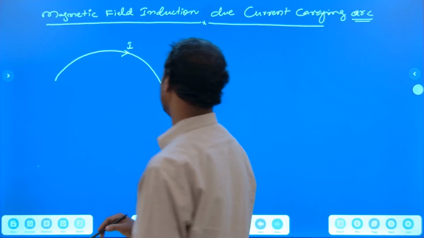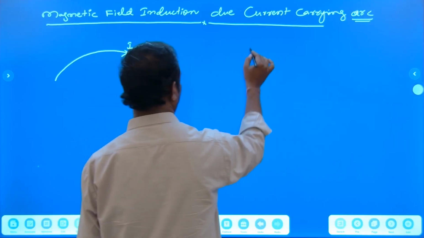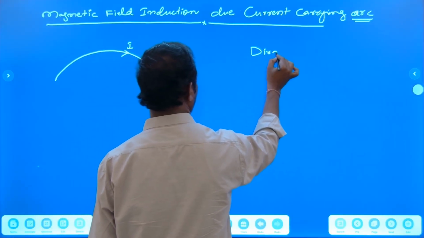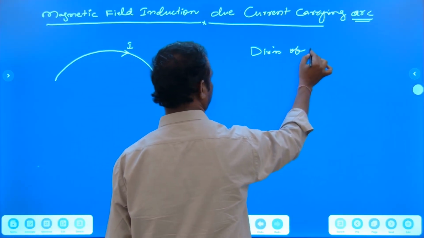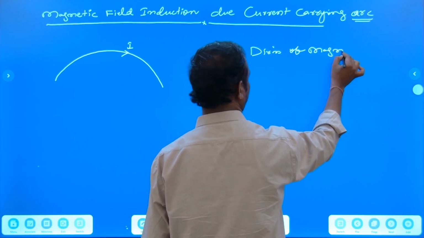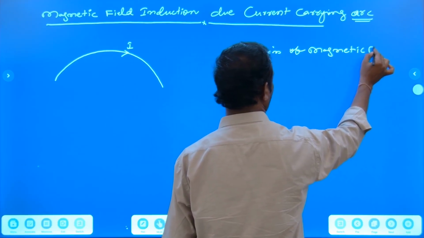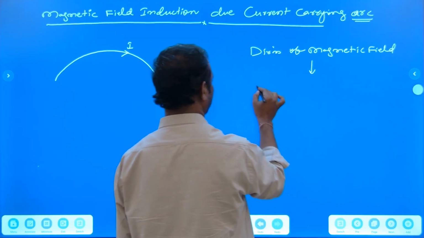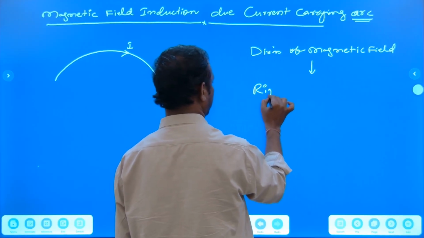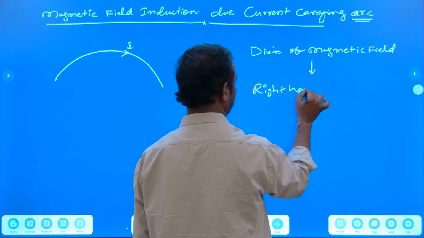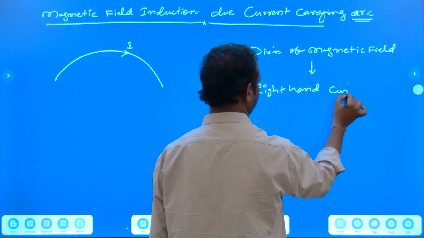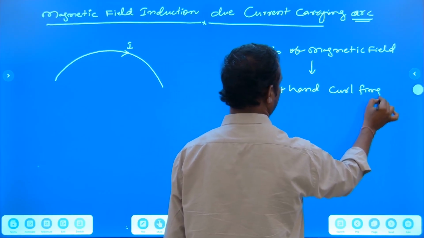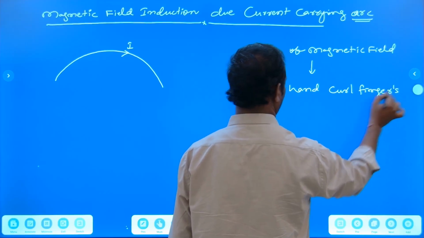So to find the direction of magnetic field, I can use the right hand curl fingers rule.